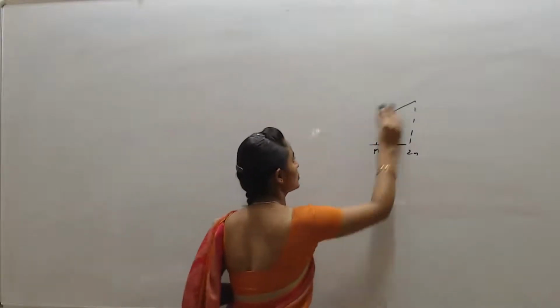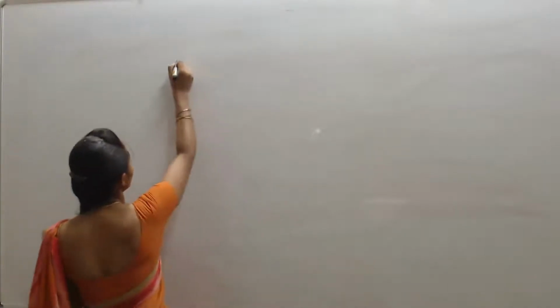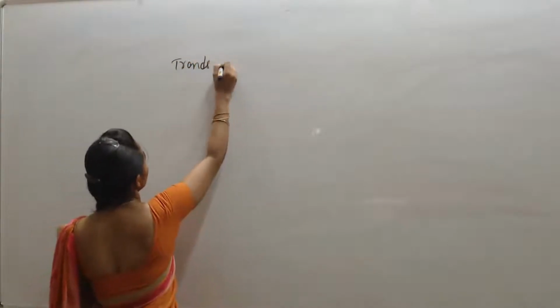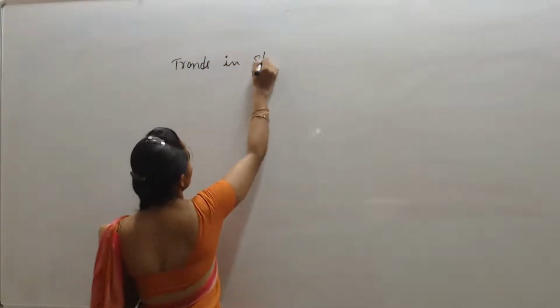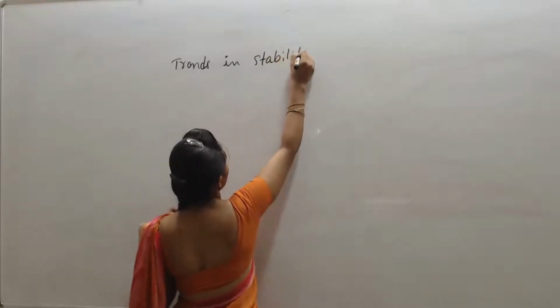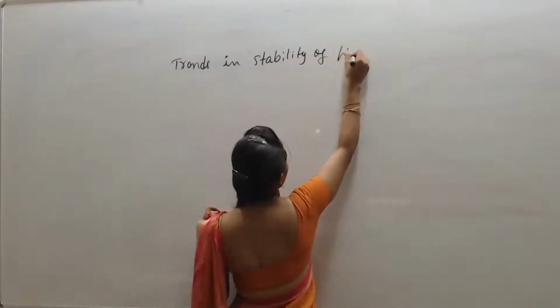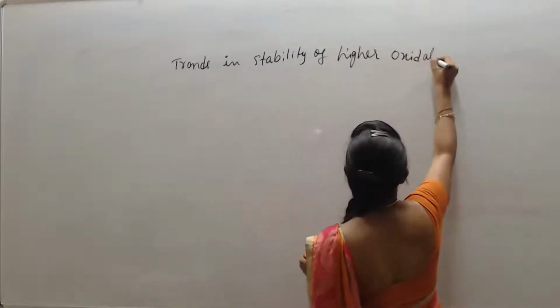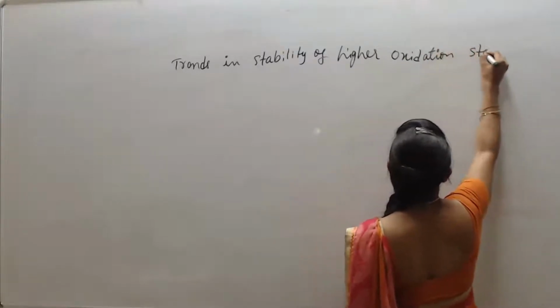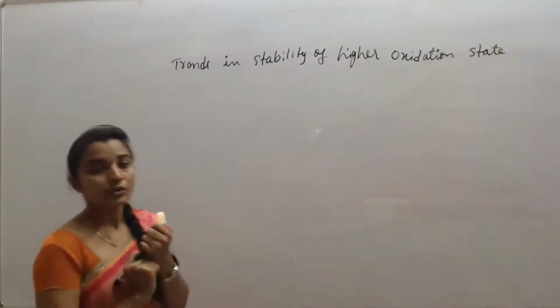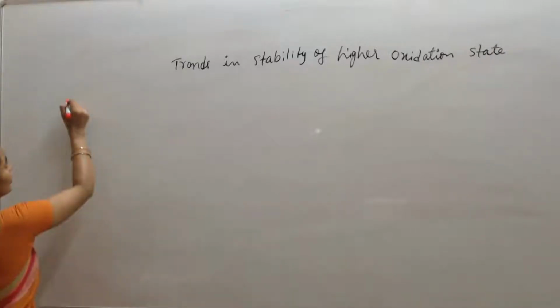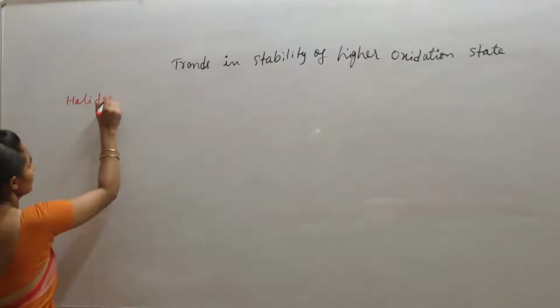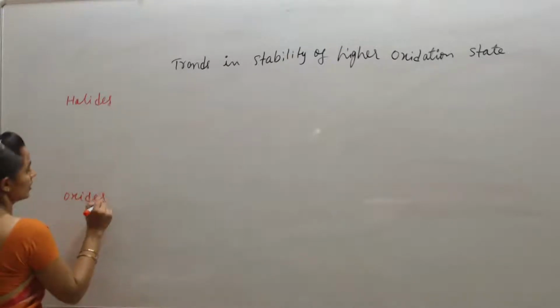The next topic is trends in stability of higher oxidation states. Okay, students, to study the stability, we are going to consider halides as well as oxides.